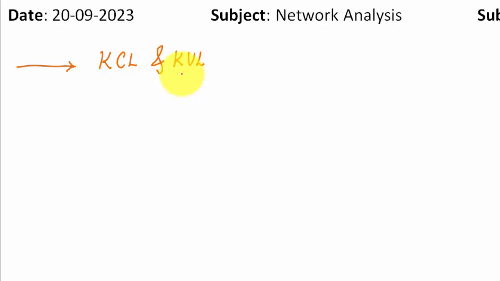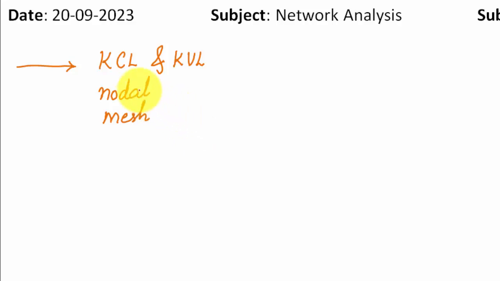Circuit wise you can easily rig up. If you want to find voltage and current, knowing this KCL and KVL is more than enough. Or say suppose if you are in a position to write the nodal equation, and if you are able to write the loop or mesh equation, this should be more than enough in order to solve any given problem.